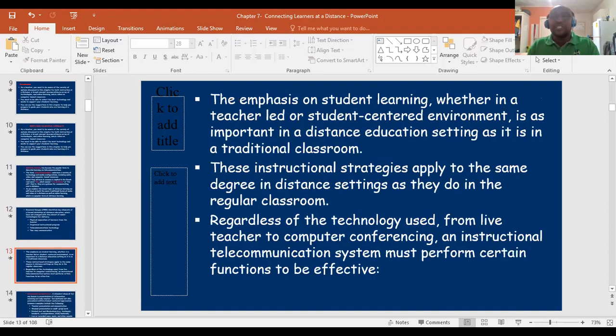Now, you notice that the emphasis on student learning, whether in a teacher-led or student-centered environment, is as important in a distance education setting as it is when we are doing face-to-face in a traditional classroom. So the same objectives, the same goals, the same aspects and elements, the content may be the same, right?